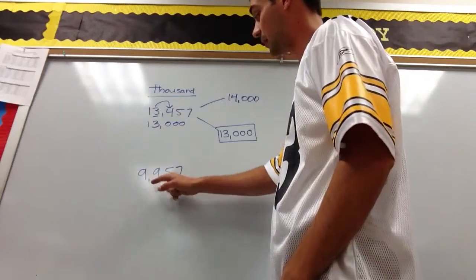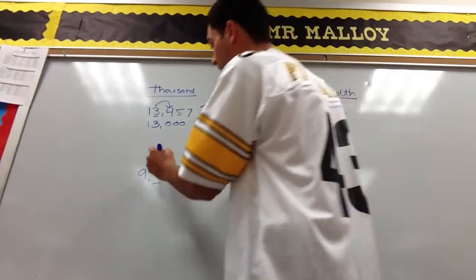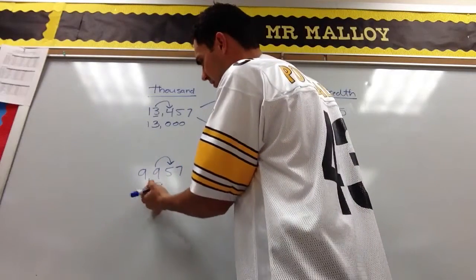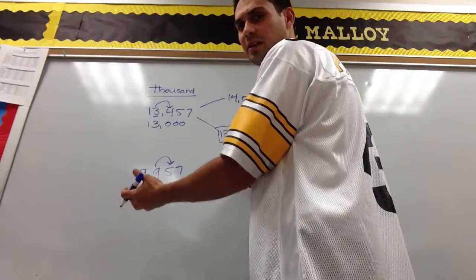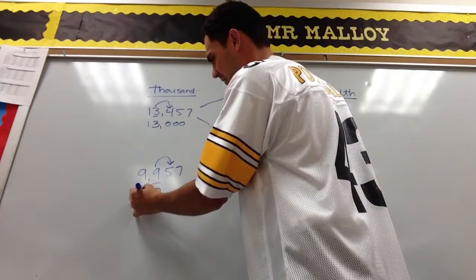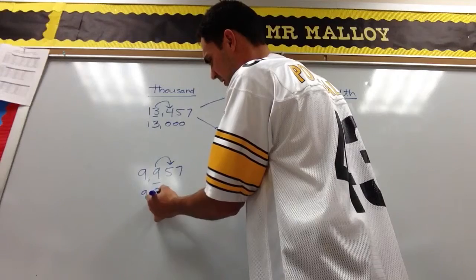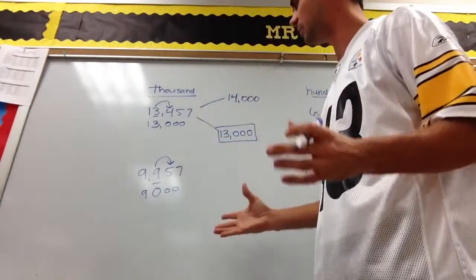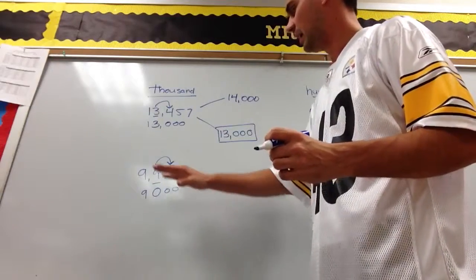Let's try it with this bottom problem here. Okay? So I'm rounding to the underlying digits with the hundreds place. I look and see that's a 5. So this is going to change. This is where you can get some confusion. This is going to change to a 0, and then everything stays the same, and everything to the right. Well, see, this is where you need to be aware, okay?